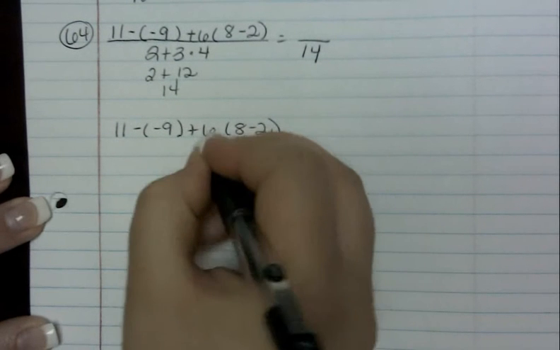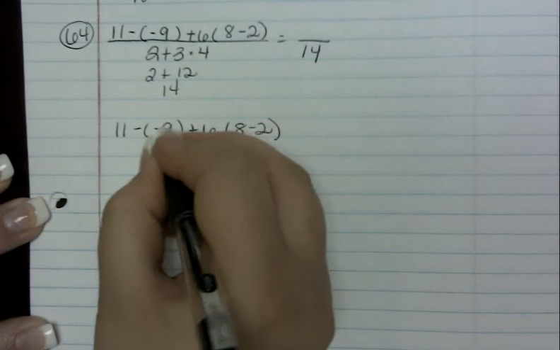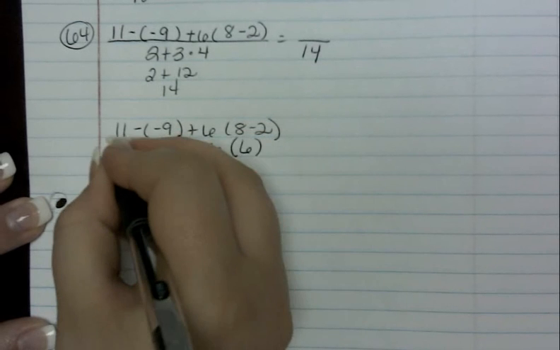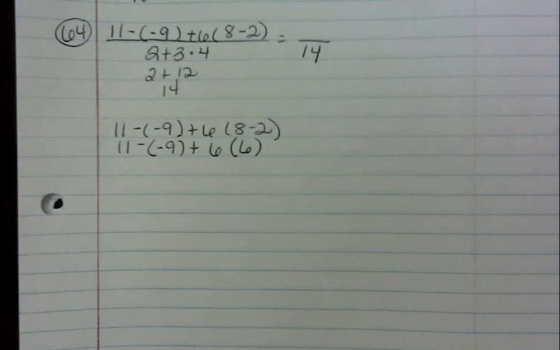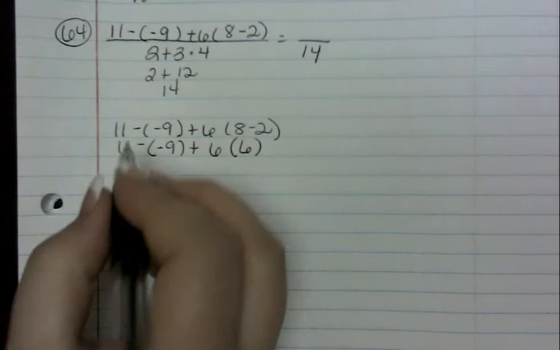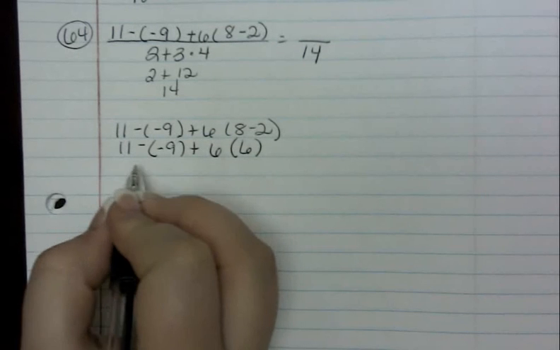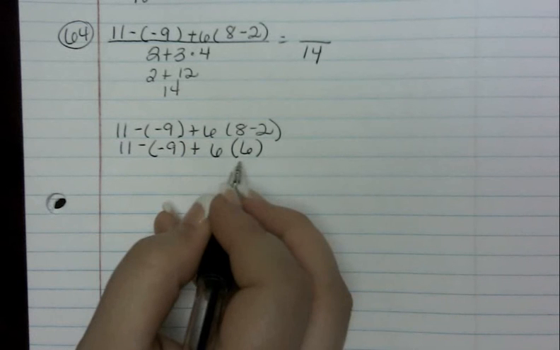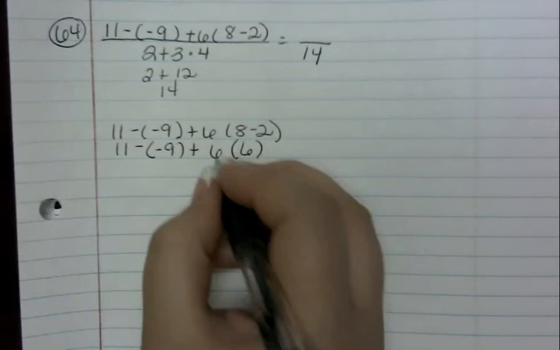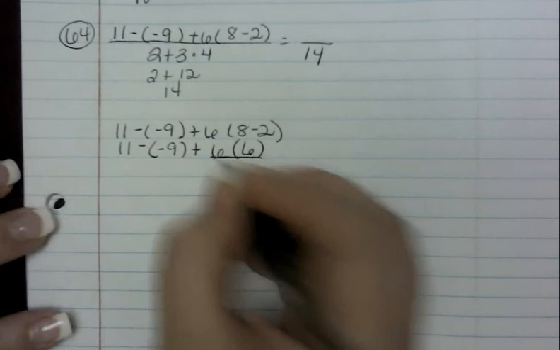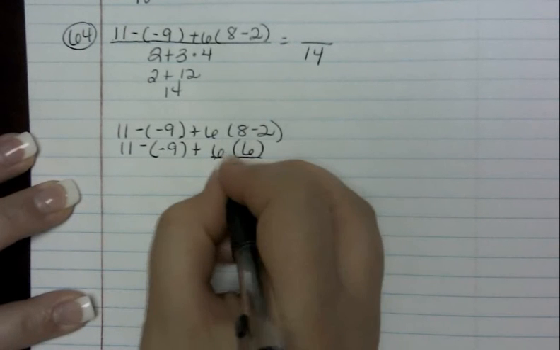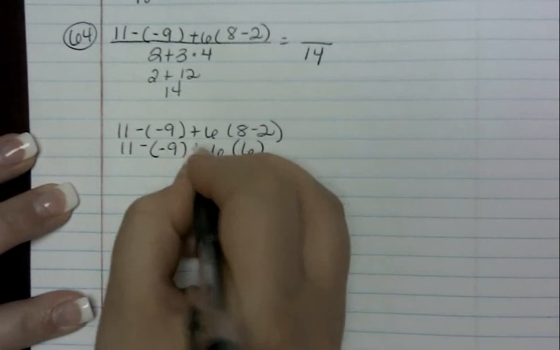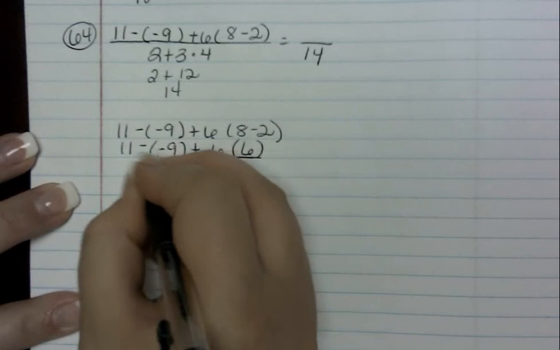And we can bring everything else down. So now we work on our multiplication because we have subtraction, we have addition, and we have multiplication. So we're going to work this multiplication first, which gives us 36, and we bring everything else down.